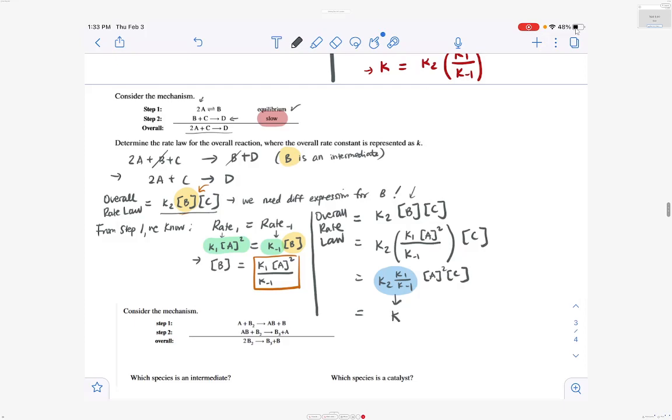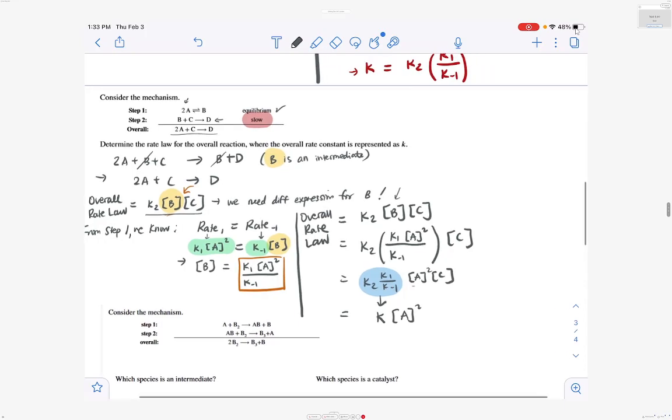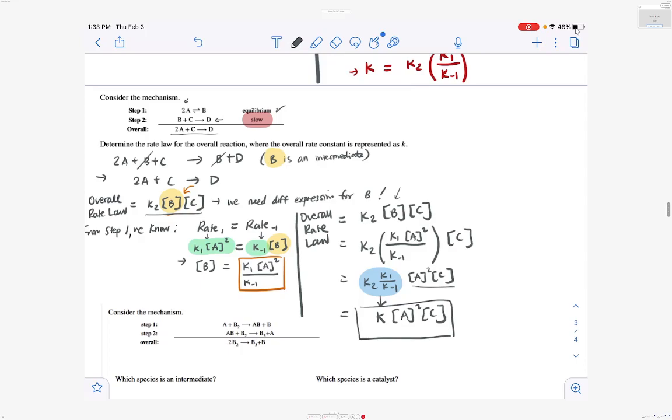So you write the rate constant for the overall reaction without any subscript. You rewrite whatever we have here. So this is going to be the answer for the overall rate law for this multi-step reaction.